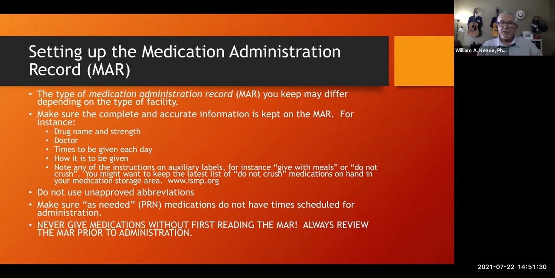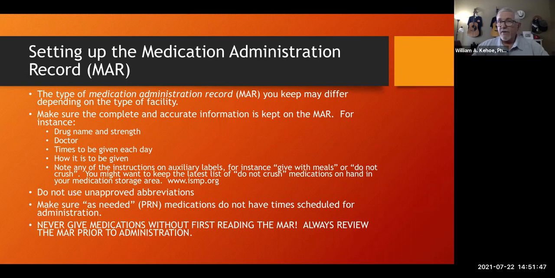So you should make sure that those do not have times scheduled. So if it's Benadryl twice a day as needed for allergies, you wouldn't have times posted out there on those columns because somebody could misread that and give it.